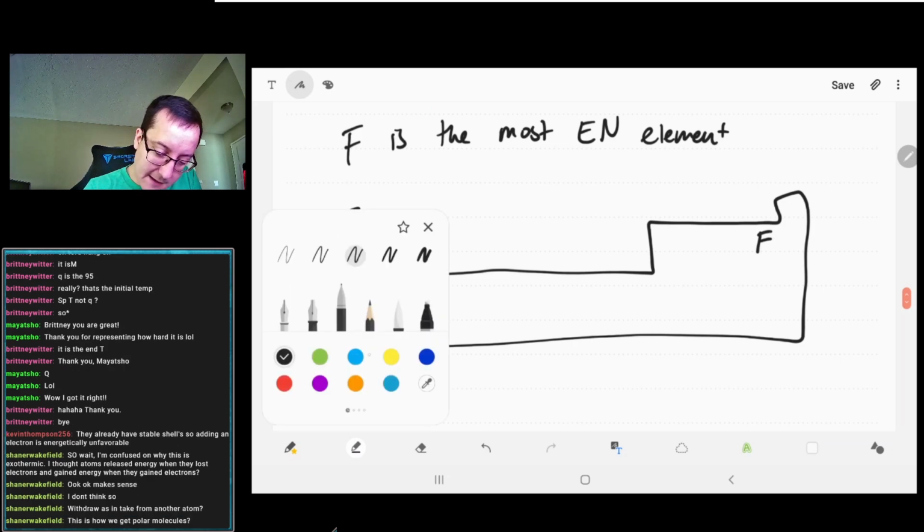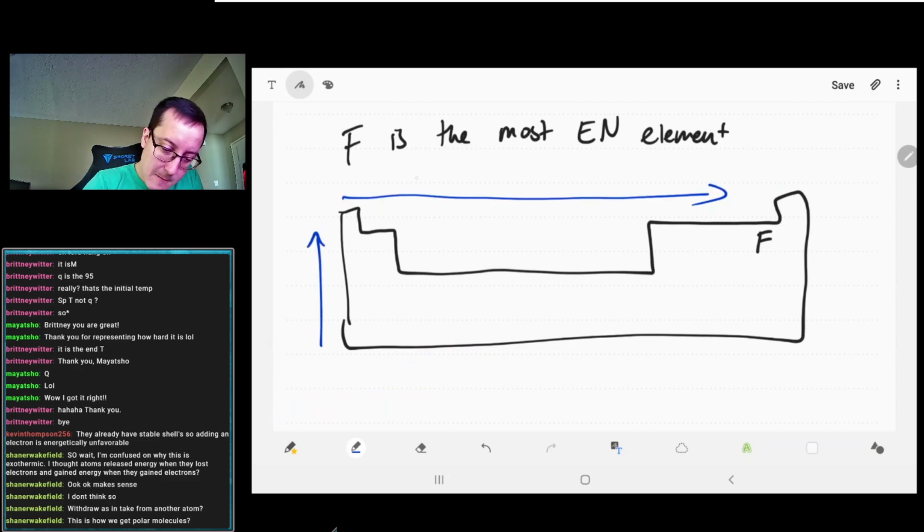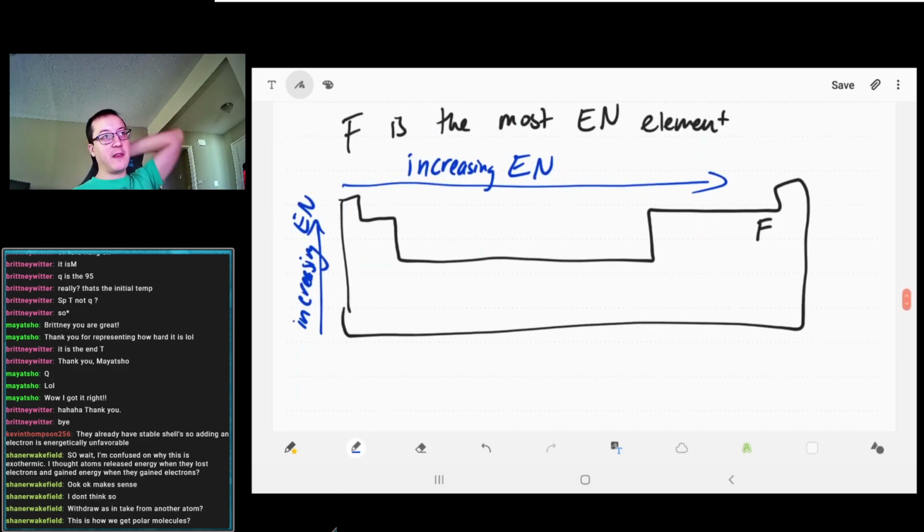We're going to see it's exactly the same trend as all those other ones we saw. It's the same kind of idea. So that's going to be how we get polar molecules, but we're talking about that next chapter. So throw that out of your brain, because that's not on your exam on Monday, so don't even worry about that. Okay, so where were we?